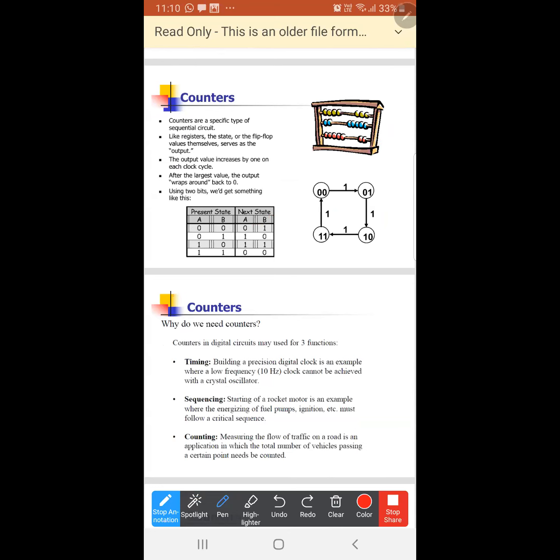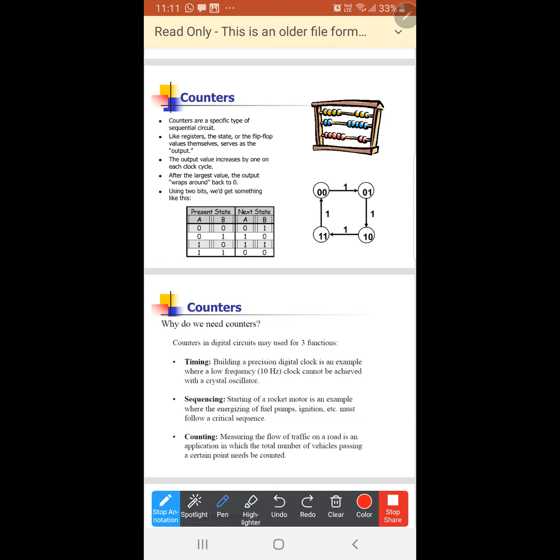Counters. It comes from count, meaning counting something. So counters means for counting.